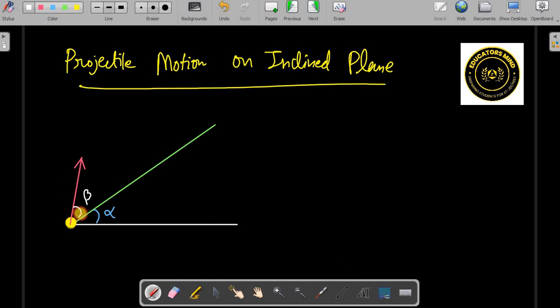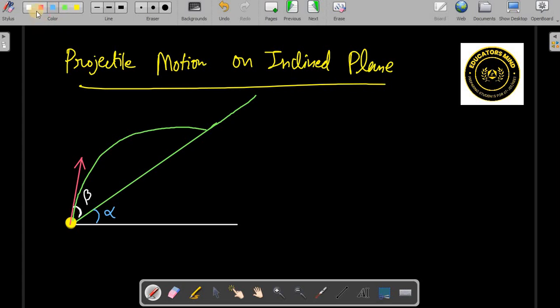What will the path be? It is going to move like this, and you can assume that the plane is sufficiently large.